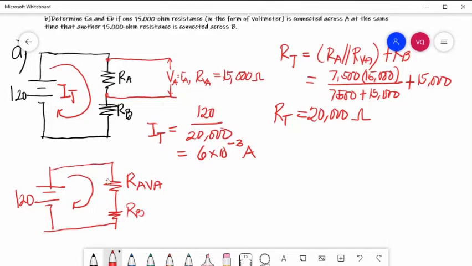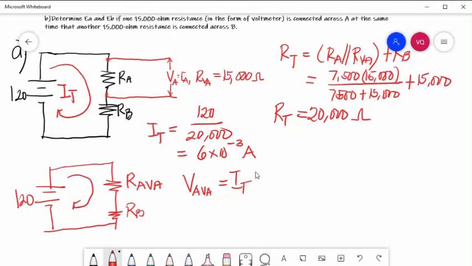After that, using voltage divider theorem, or simply the product of, since this is series, the current flowing in RAVA is the same current, total current.